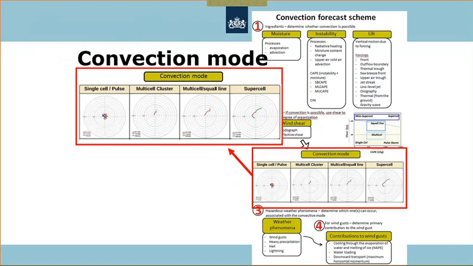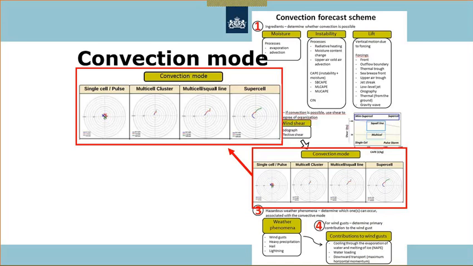It's a little bit of a small image, I realize that, but you can see on the right-hand side the convection forecast scheme. I enlarged the 4 modes with the 4 hodographs, but on the right-hand side you can also see an image which relates to the dependence of the mode of convection on vertical wind shear and CAPE.